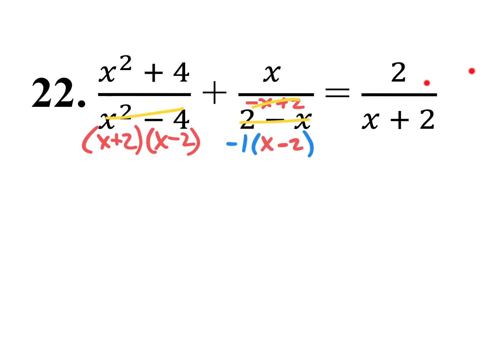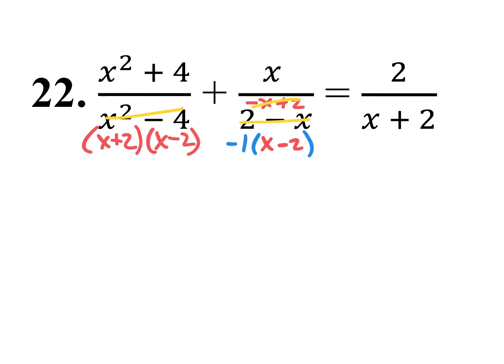Would you like to do that, or does that sound a little... it could be a little easier if we get rid of this one first, because then you'd multiply by x plus 2, x plus 2, and x plus 2, right? So in math, you're always going to look at all your different roads and go for the most comfortable path, right? Unless you're like in a rush, then you go for the quickest path. So in this case, what do you guys want to do? You want to get rid of this guy by multiplying everything by both binomials, or do you want to get rid of one of these or one of these?